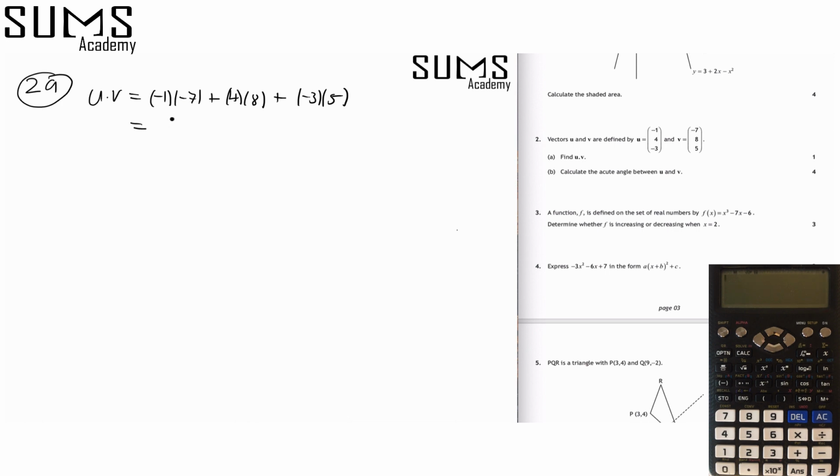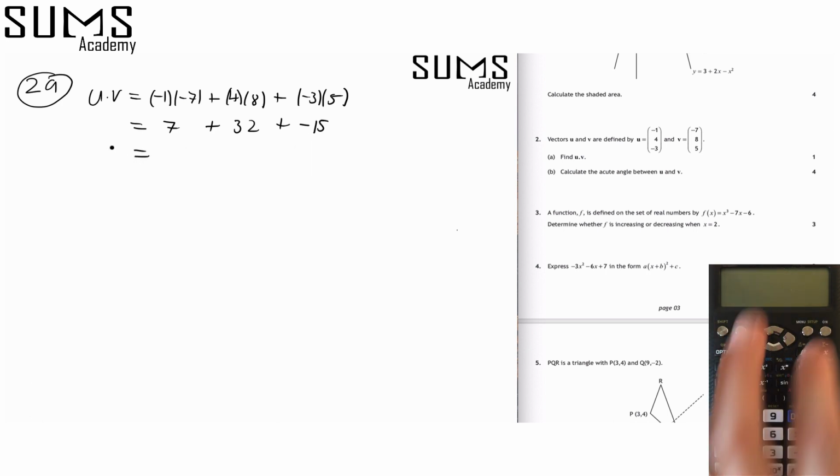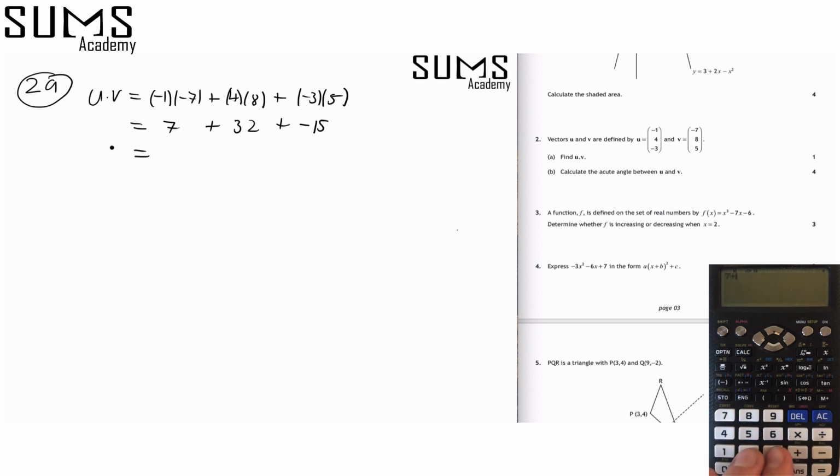So that is minus 7, and 4 times 8 is 32, and minus 3 times 5 is minus 15. So that equals, I'm just going to stick it on my calculator, minus 7 plus 32 minus 15 equals 10. That's our final answer, and that's where you get the 1 mark for this question.